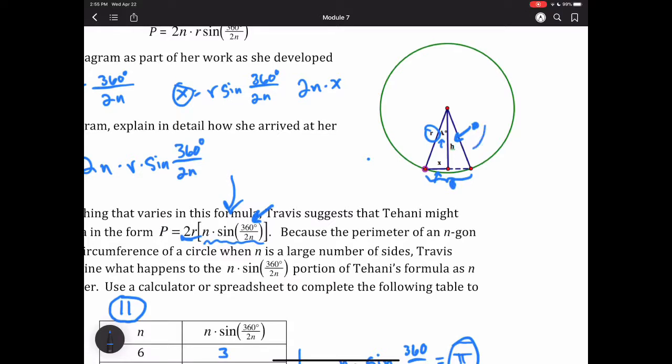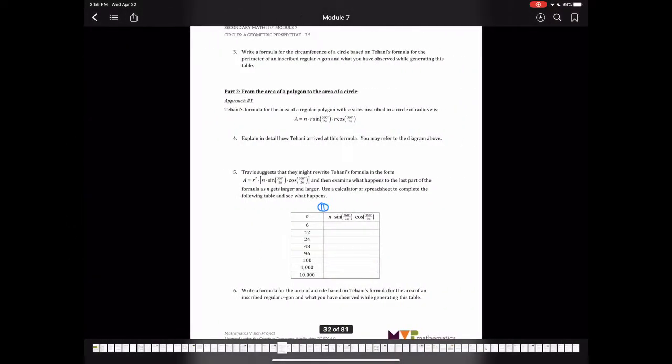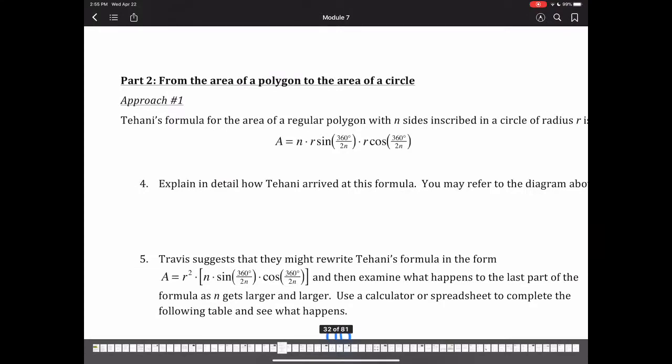And then you multiply it by n, the number of sides of the polygon, because that means you have that many triangles within that polygon, okay? So she just used some trig and rewrote it in terms of these variables here.